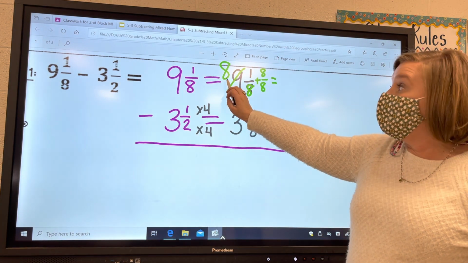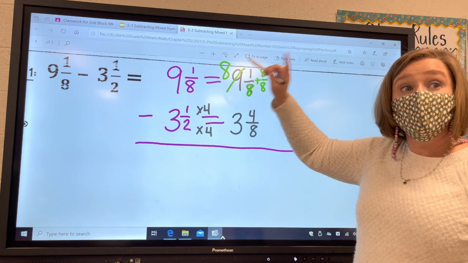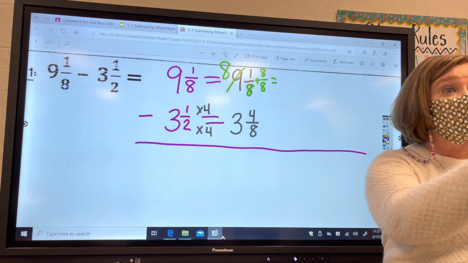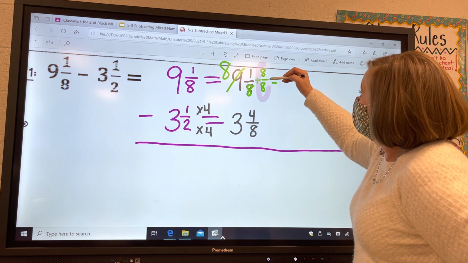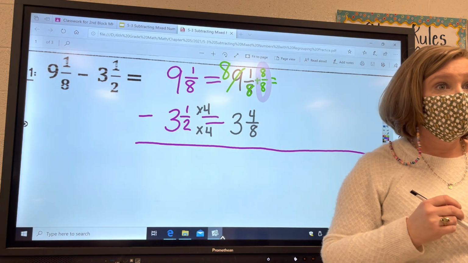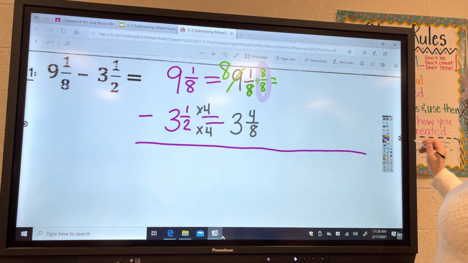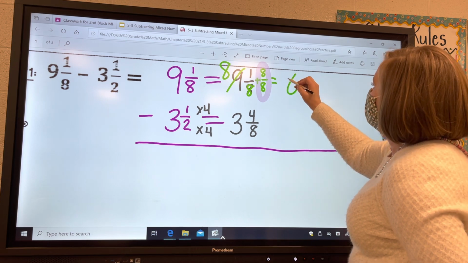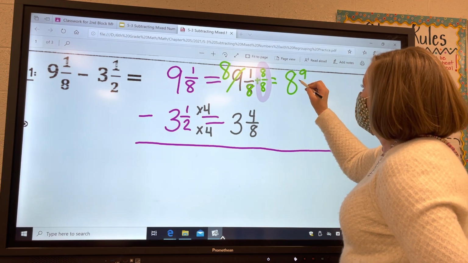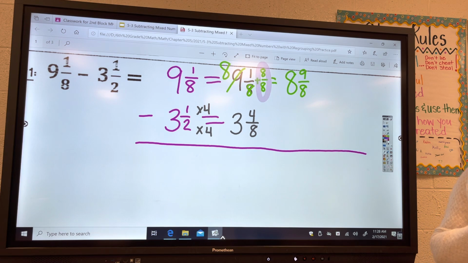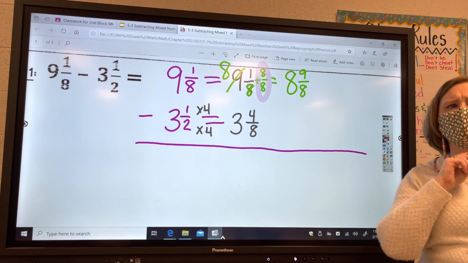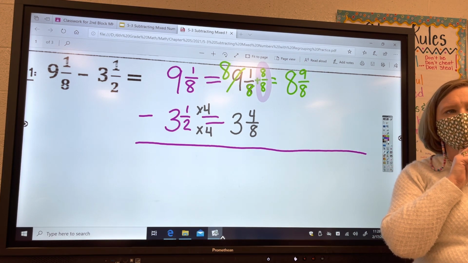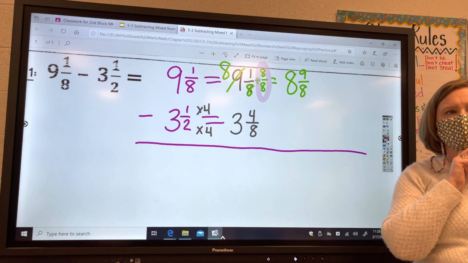Okay, look. We borrowed a whole. So I took one whole, and I rewrote my one whole right here as 8/8, because I want you to watch something. If I have 1 plus 8, that is 9, 9/8 right here. Do you see this number right here? The 9/8 is a what kind of fraction?